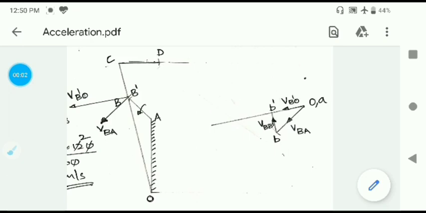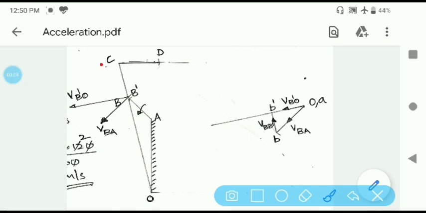Okay, now in the mechanism we can see that C is a point on OB prime extended. The reason why I am saying B prime is because we assume that B prime is lying on link OC, so don't get confused in that way. So the point on OC is B prime.